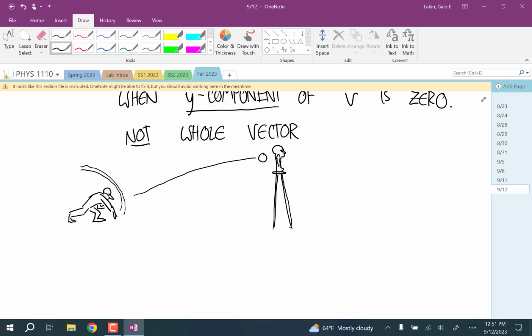If the velocity vector was equal to 0 when this ball reached the highest point, then this ball would slow down, slow down, slow down, and right as it got to the back of your head, it would be at 0 velocity. You wouldn't even feel it. It would just barely touch your head, and then that would be it, okay?